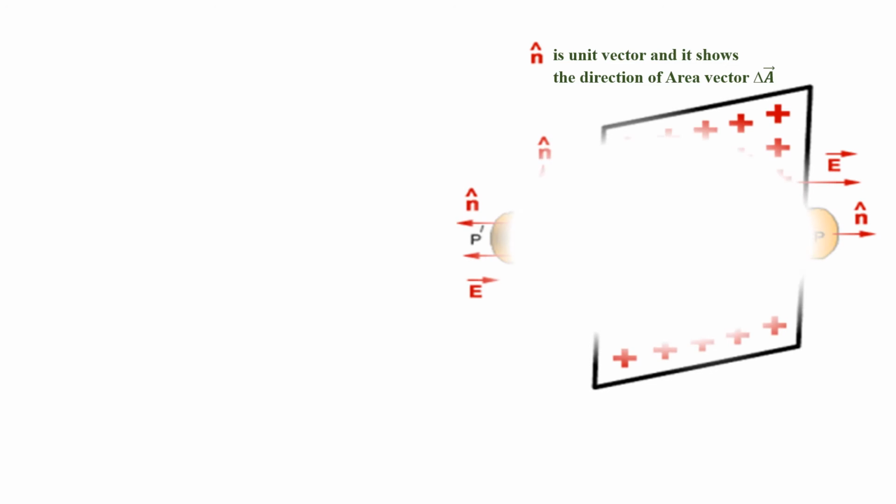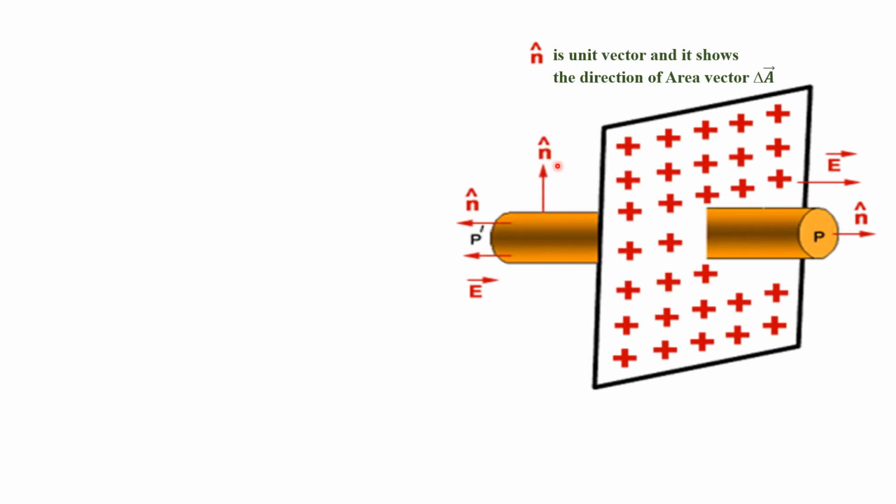As we know that area vector is normal to the surface. Normal means perpendicular. Here on this curved surface, area vector is perpendicular to the surface and it is written by n cap on x-axis, and electric field is outward to the infinite sheet of charges, and the angle between this area vector of curved surface and electric field E is 90 degree because area vector for this curved surface is on y-axis and E is on x-axis.